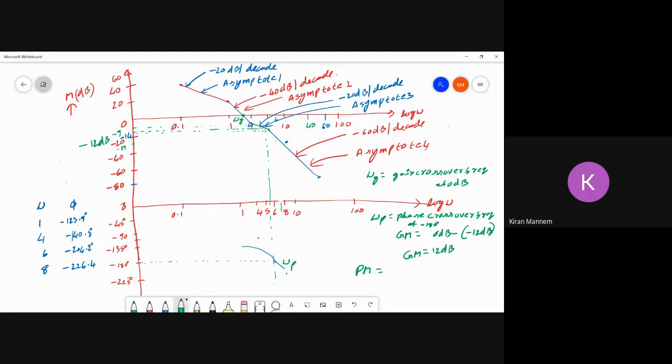Extend this, use another color for this, and project this gain crossover frequency on this line. It will touch somewhere here. Take this value. Here in this case it is minus 128 degrees.